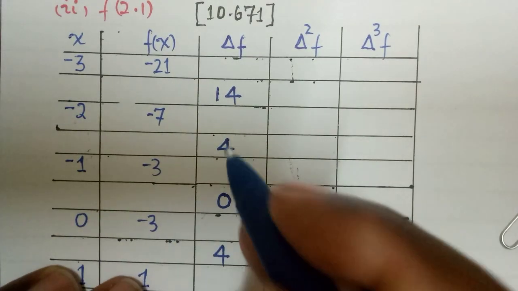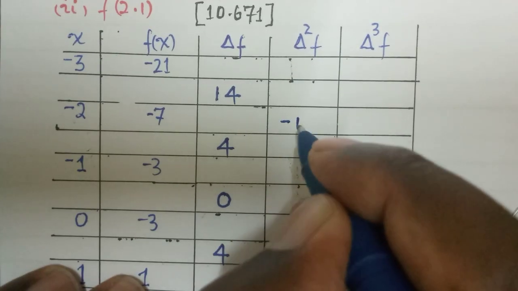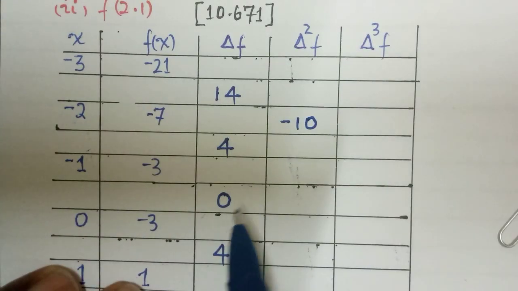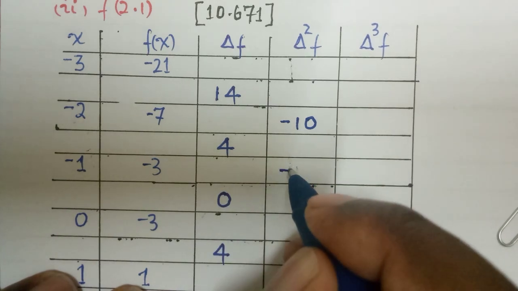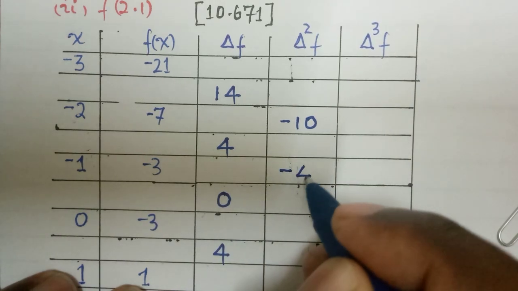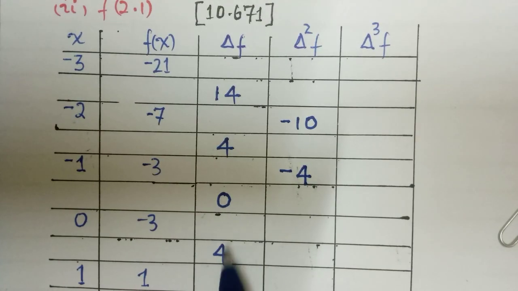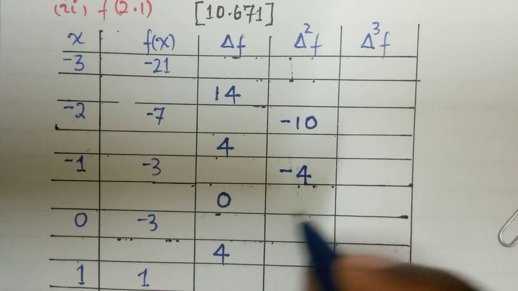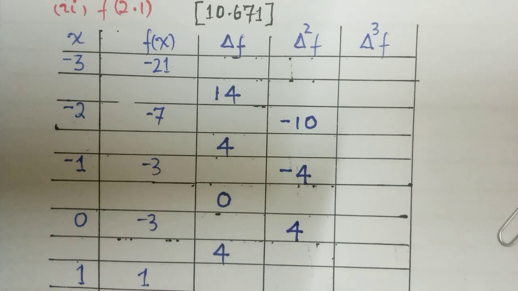We say 4 minus 14, that is minus 10, like that. From here we come and say 0 minus 4 is minus 4, like that. Then we continue. 4 minus 0, this one will give us 4. I believe it's like that.